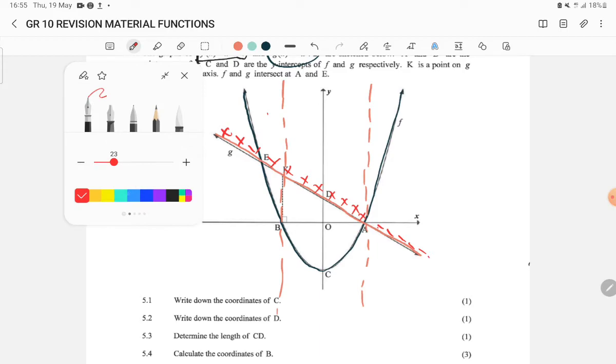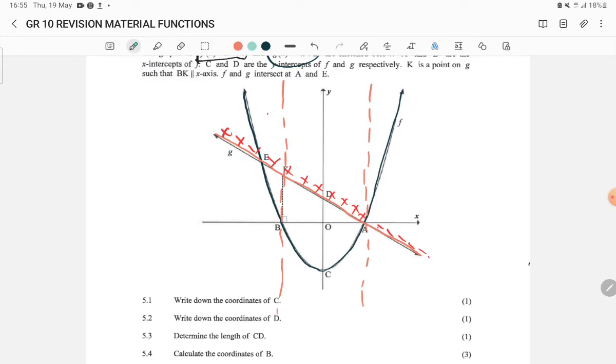Coming to f(x): f(x) is positive up until we meet the x-axis, then it goes below the x-axis and the sign of f becomes negative. But after that, it becomes positive again.